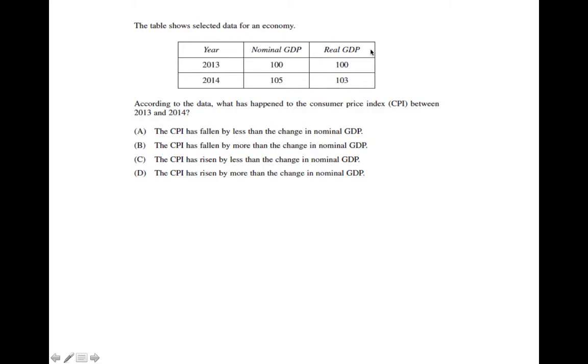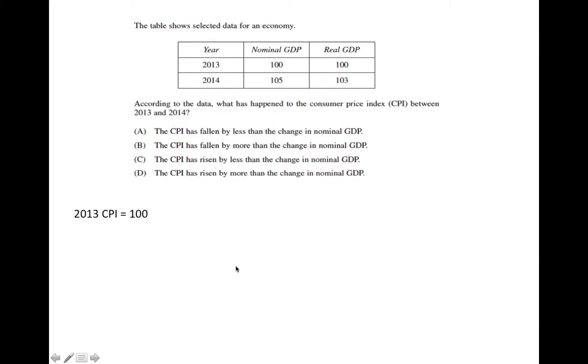So what we can figure out is that the difference between these two is going to be inflation, and in this case CPI. So the first thing we need to do is work out what the CPI is, and then we can decide what it's done and get the right answer.